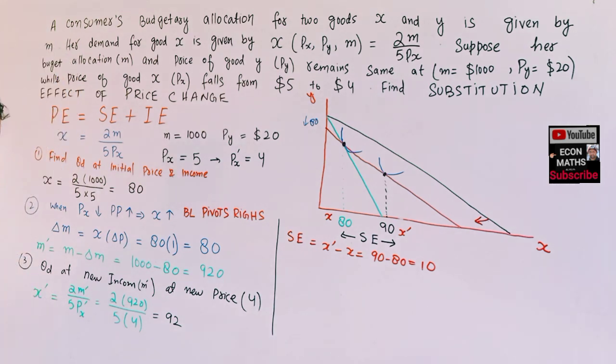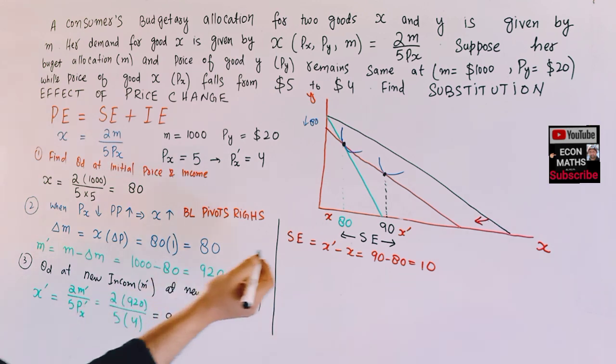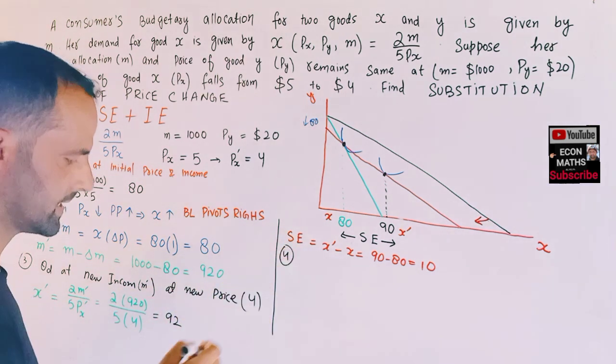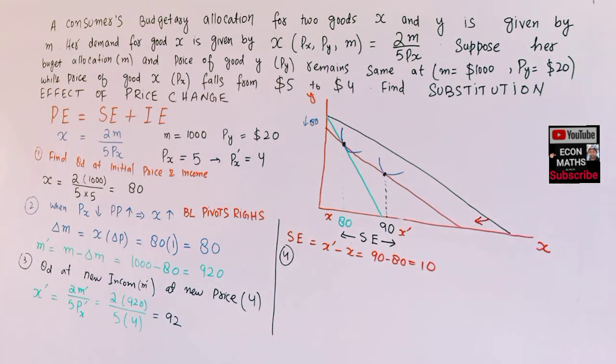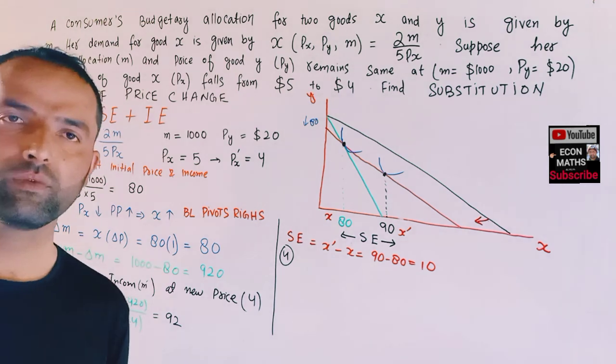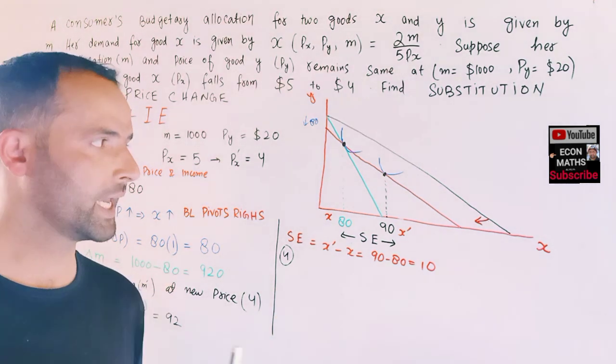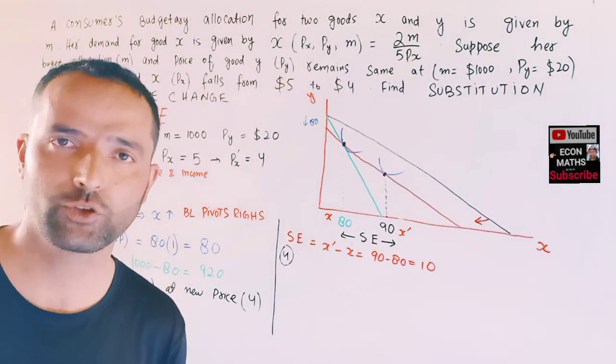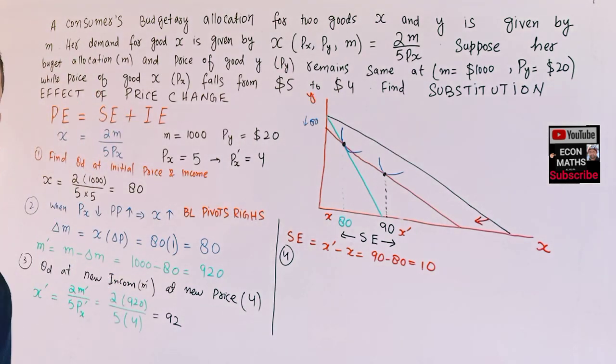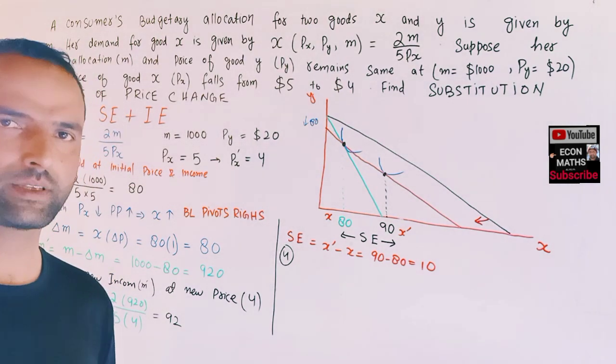We will go for step 4. Let us see if the space allows us to calculate that step also. In the 4th step, we will release the income that we have taken away from the consumer. Literally we don't actually take anything from the consumer.